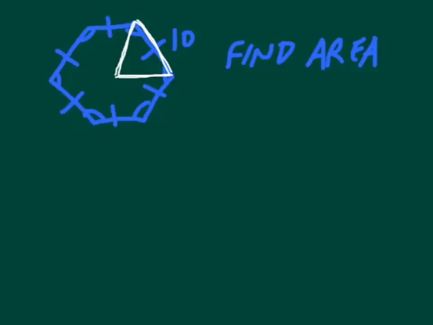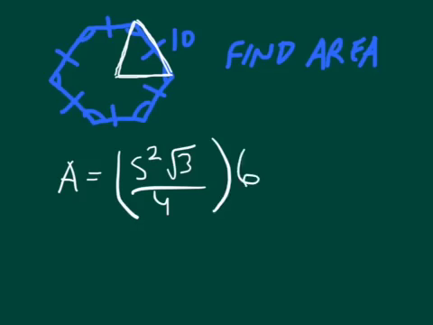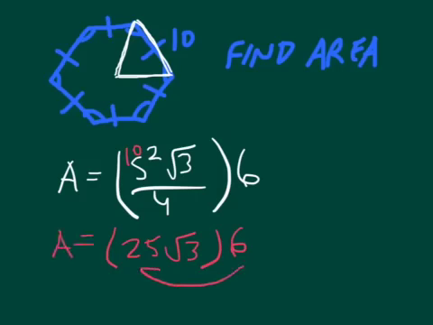Basically, when I'm finding the area, I'm going to do side squared √3 over 4, and then I have 6 of those when I'm done. I feel like I did this a minute ago. I had a 10 in there. I got 25 √3, and now I have 6 of those. The key here is only the number out in front gets multiplied by 6 based on old rules. What is that, 150 √3? And that's in square units as well.